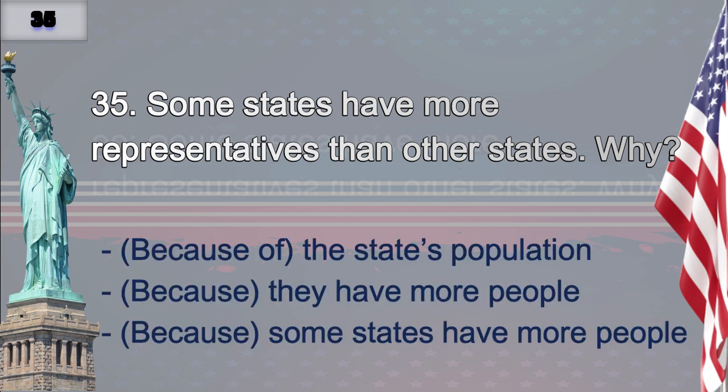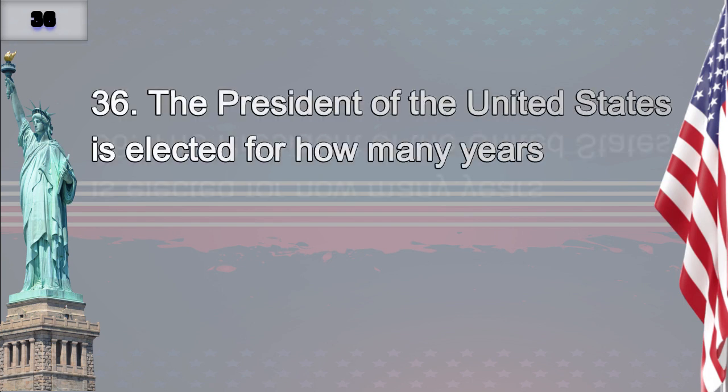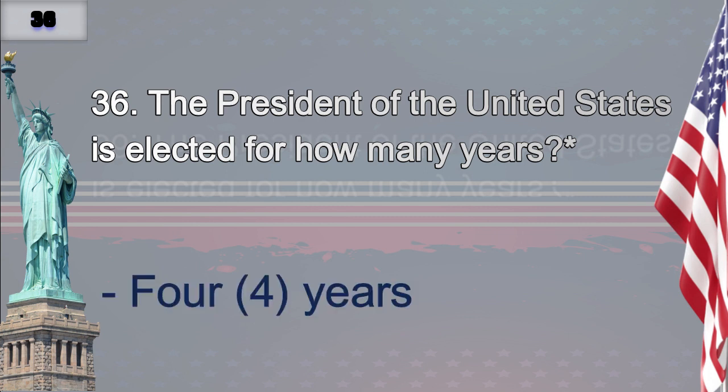Because of the state's population. Because they have more people. Because some states have more people. Question 36. The President of the United States is elected for how many years? 4 years.